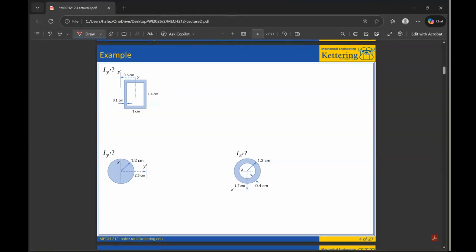Indeed, so as the equation suggests, Iy prime of the entire thing is Iy prime of outer minus Iy prime of inner. So for the outer, we learned that is Iy plus the offset squared times the area of the outer. The same thing for the inner.